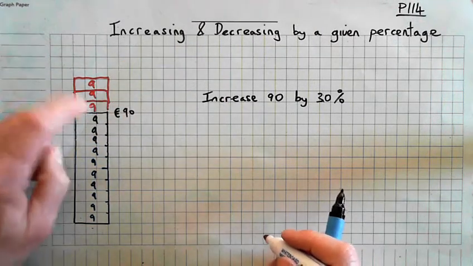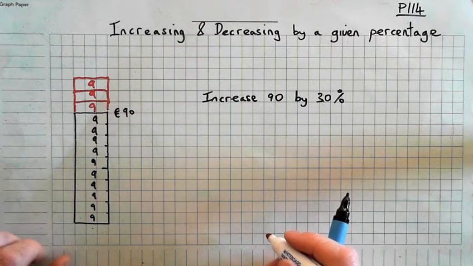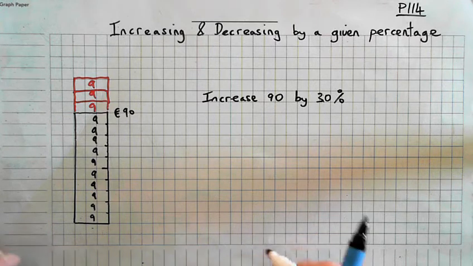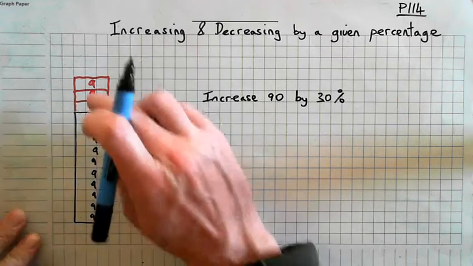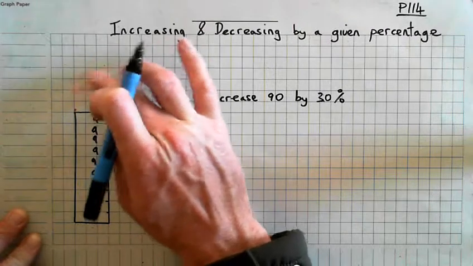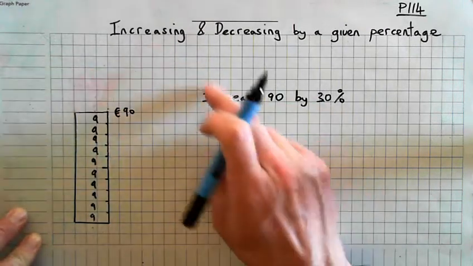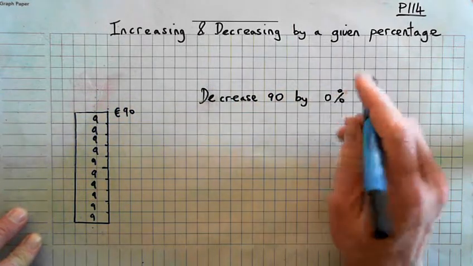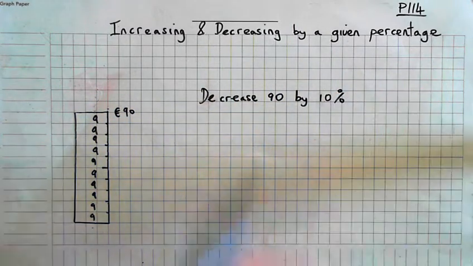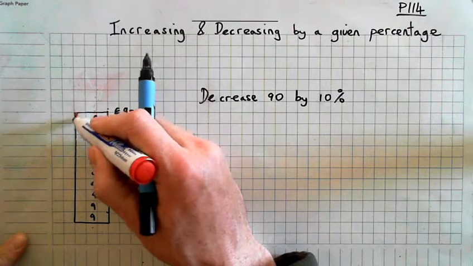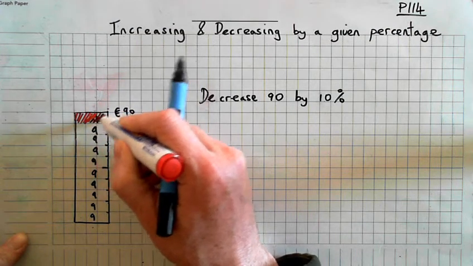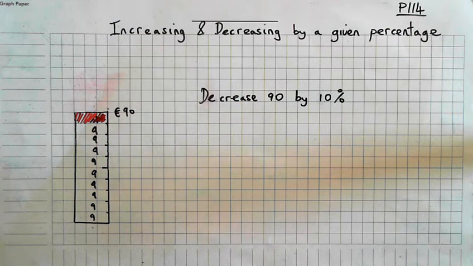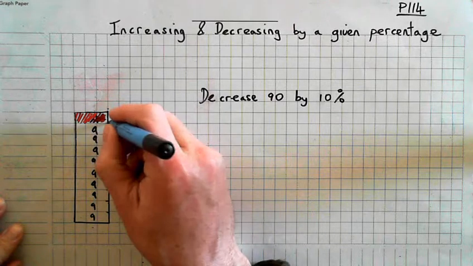I'm adding 27 to 90, which is 117, isn't it? And what happens if I start decreasing? Decrease by 10%. So I'm going to take that away, then we're down to here, 81.